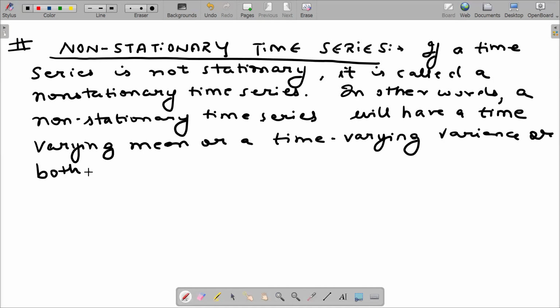And now let's talk about a special type of a stochastic process called the purely random or a white noise process.